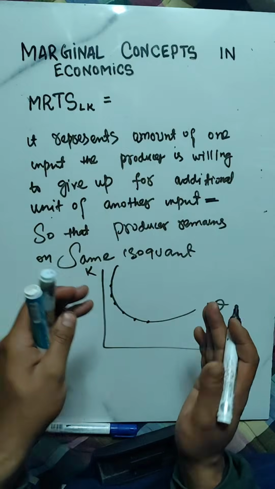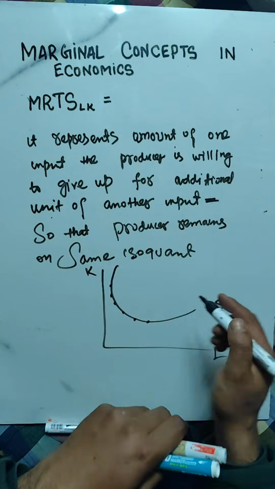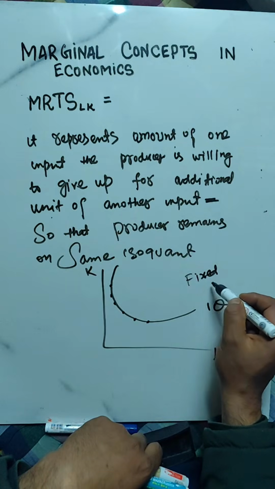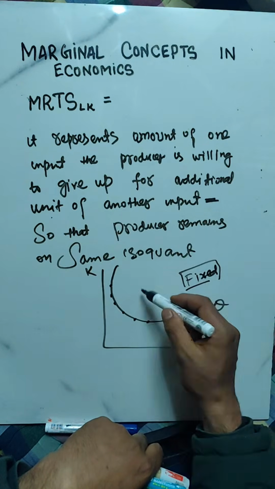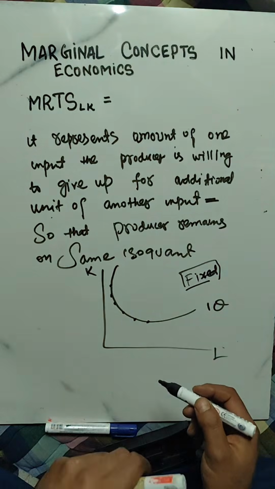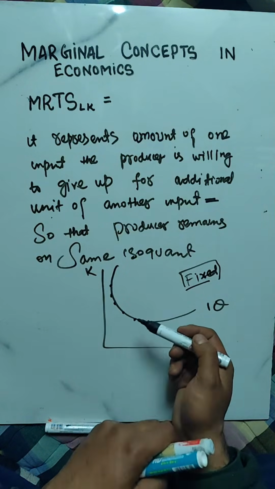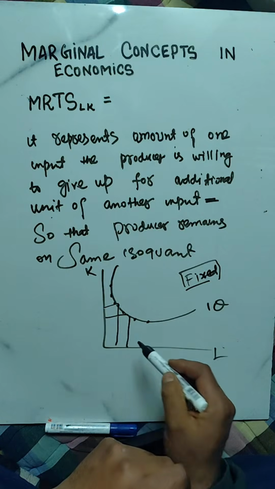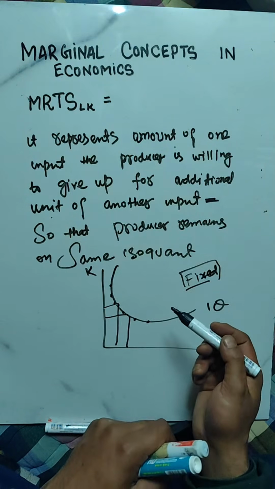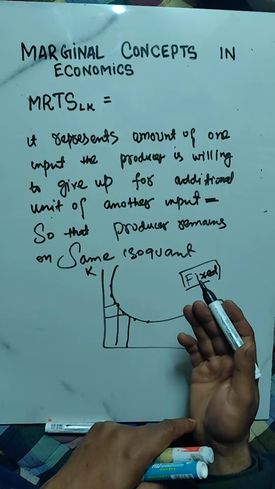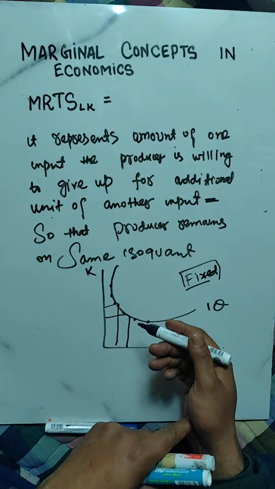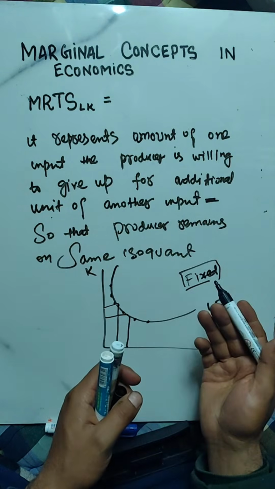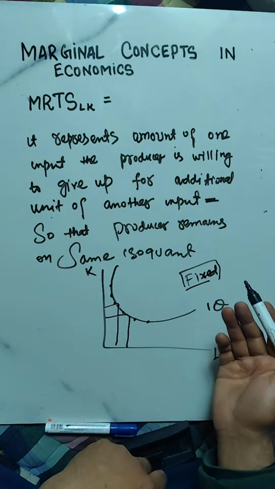How do we combine labor and capital to get the same units of output that is being shown by the isoquant? And marginal rate of technical substitution between labor and capital shows how many units of input 1 we need to sacrifice for an additional unit of another input.